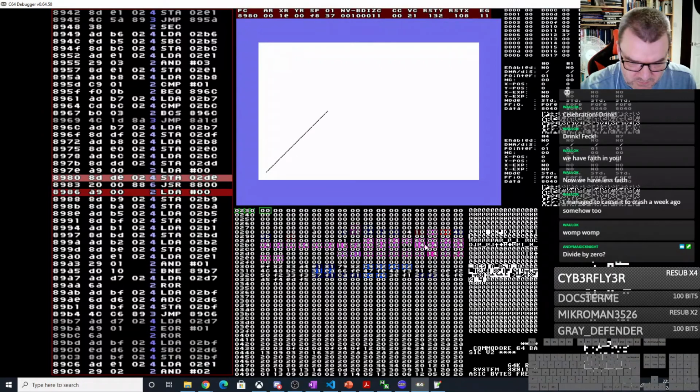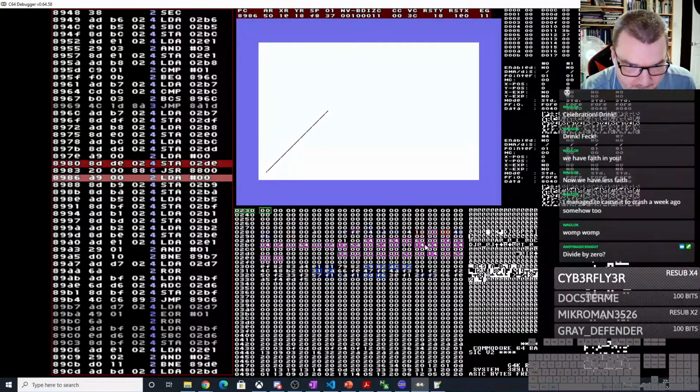Let's see if it goes through the divide routine. Here we go. It did. Right, so what's the result? So D7. 0, 1, 2, 3, 4, 5, 6. Here we go. So this is the fraction. It's at 38. Then we've got 0, 0. Right, 0, 0.